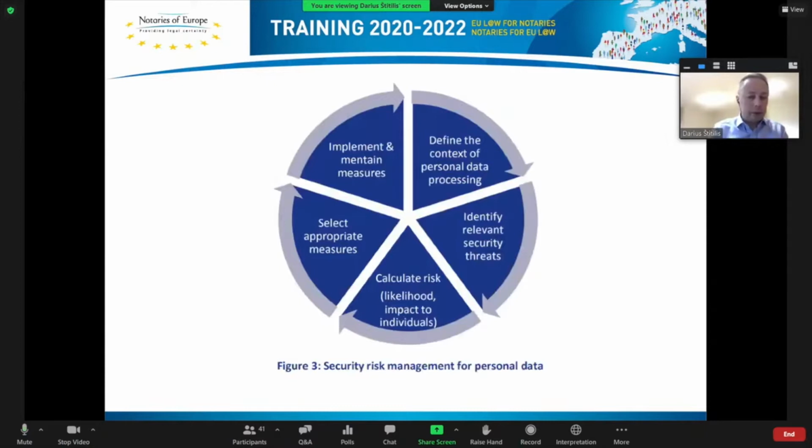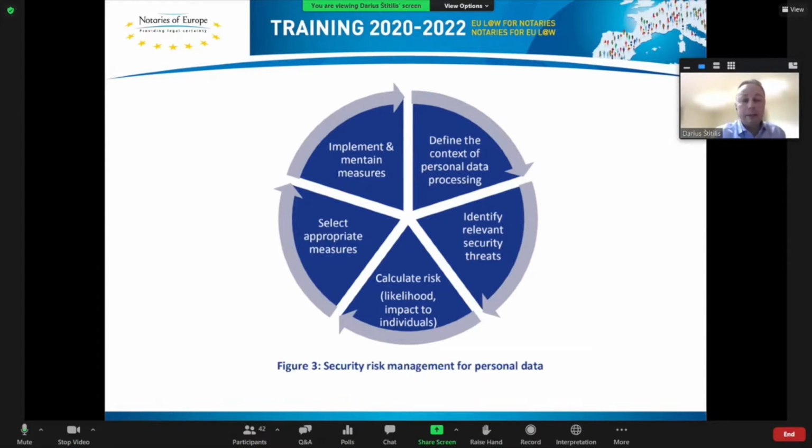And now we have the security risk management cycle, risk management for personal data, and we can see that we should begin from defining the context of personal data processing. It means data mapping. After that, we identify relevant security threats. Of course, we should calculate risk according to the mentioned methodology.